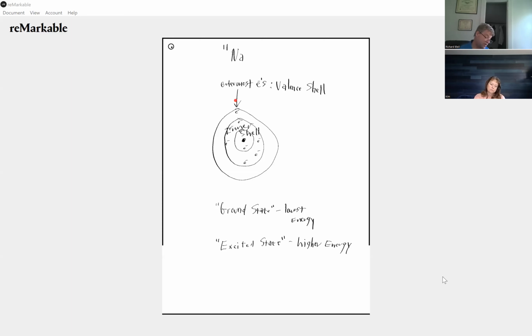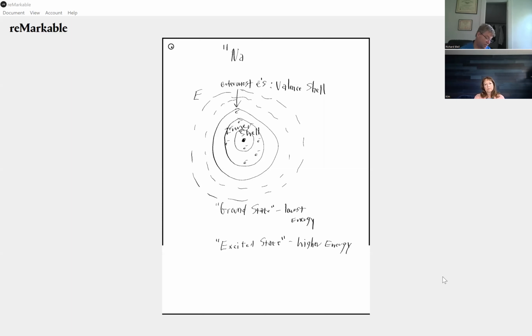Now, as I said, there are excited state shells. So there are higher energy shells. It's just that at the ground state, they're simply not occupied. So here's what's causing light. Here's what's causing black body radiation.